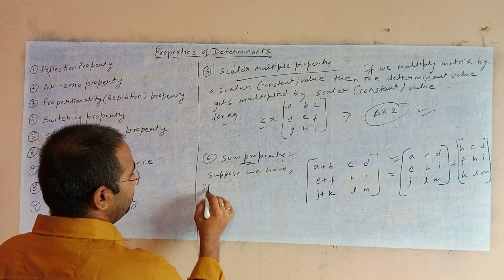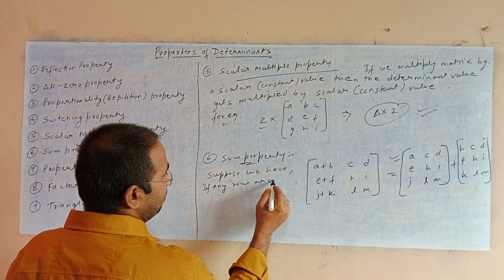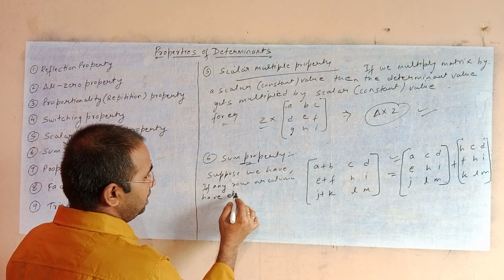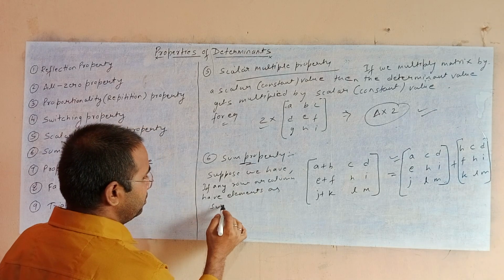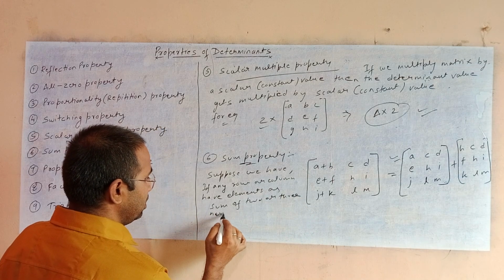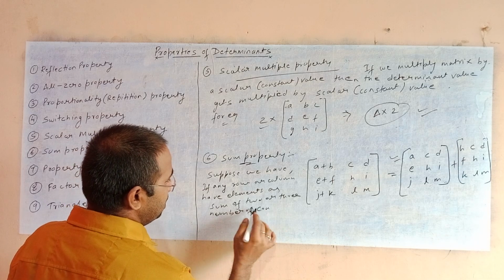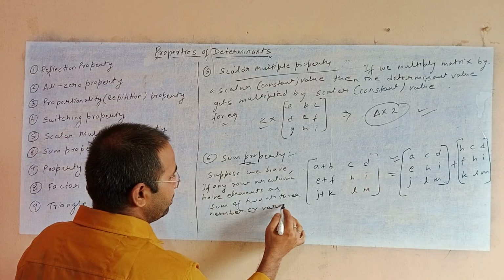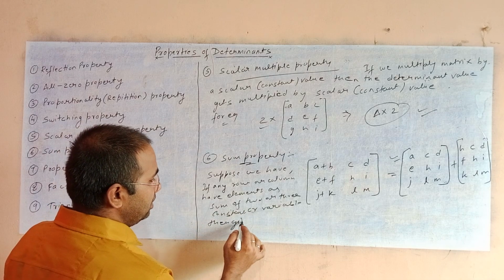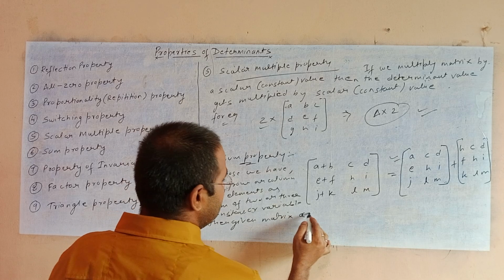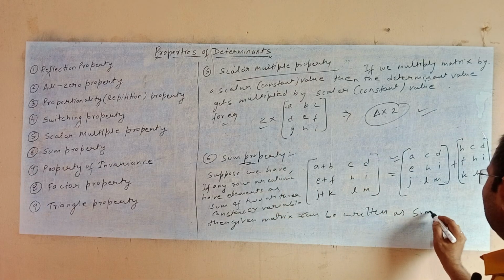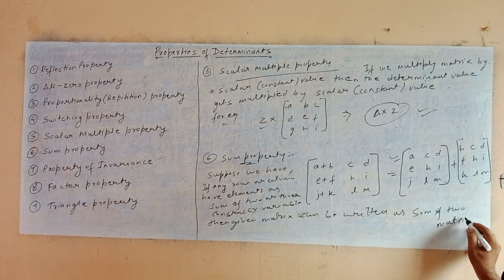It means if any row or column has an element as the sum of two or three numbers, constants or variables, then the given matrix can be written as the sum of two matrices.